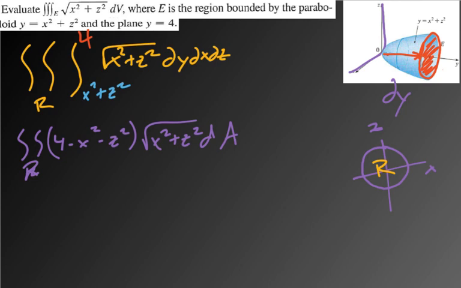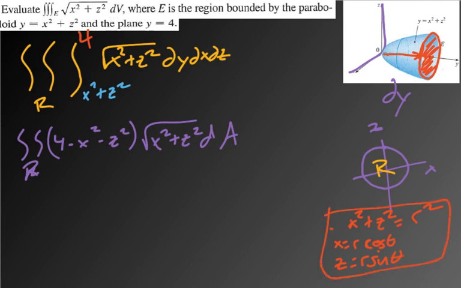And now it's like a nice polar problem. So in xz world, we have that x squared plus z squared is r squared. Here we're going to do x is r cos theta, but now z is r sin theta. So this is my important conversion, which is a little different than what you're used to doing in xy, but you can absolutely do that in xz.